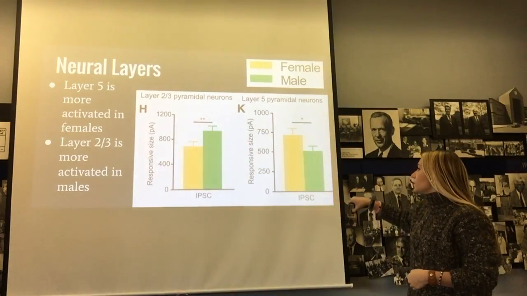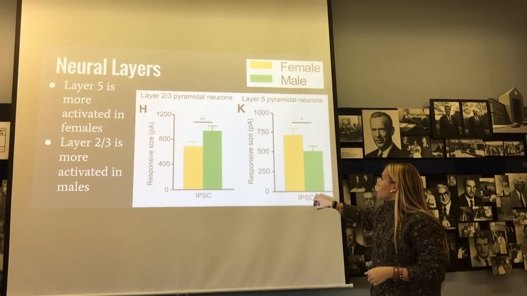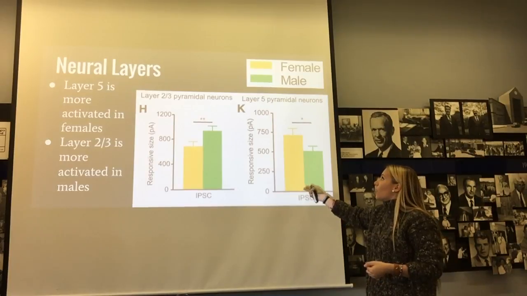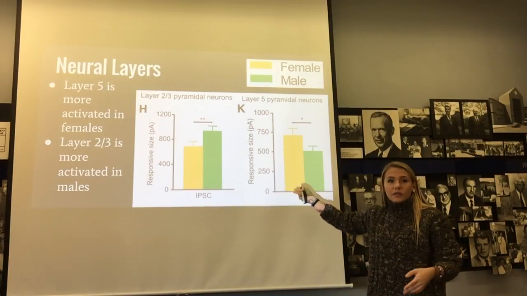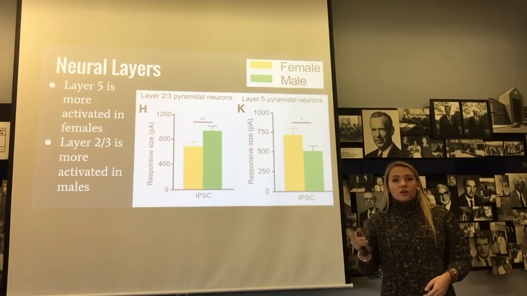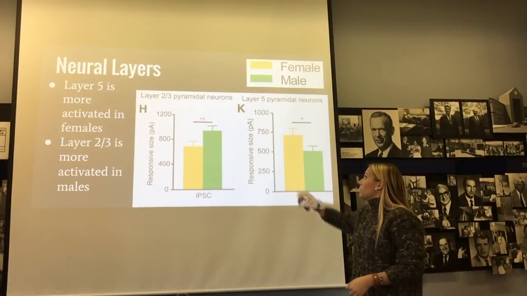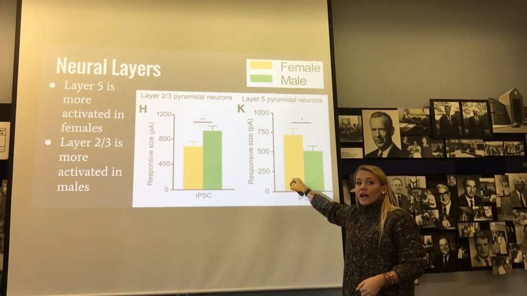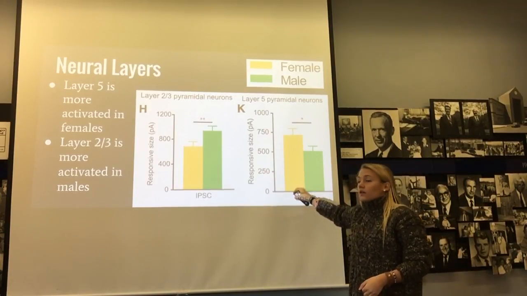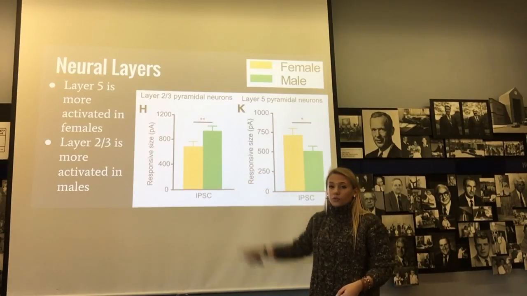So the higher bar means that layer is being more activated when oxytocin receptor interneurons are activated. So when oxytocin receptor interneurons are activated, layer 5 is more active and has a higher current in females than males. And males have a higher current in the 2-3 layer.